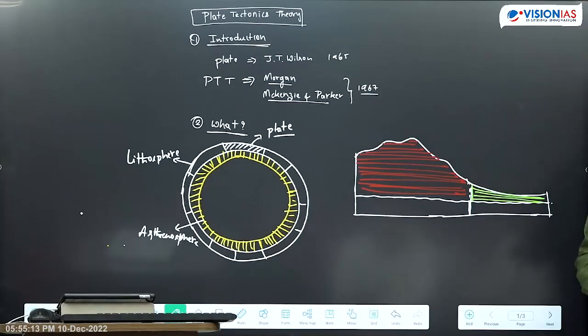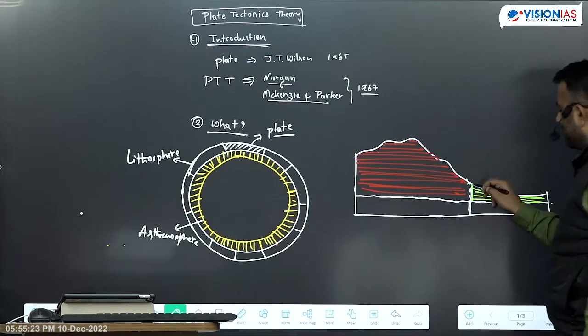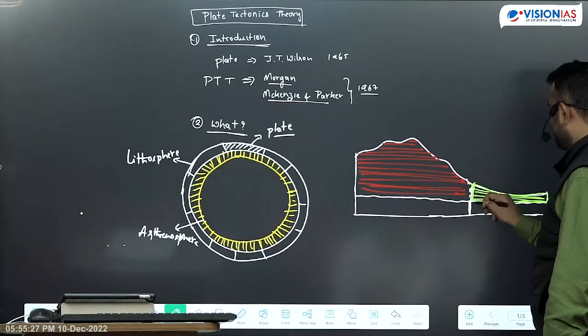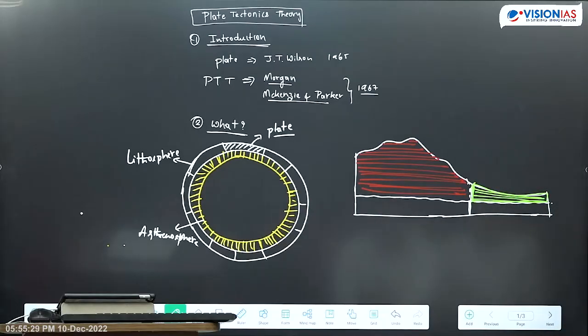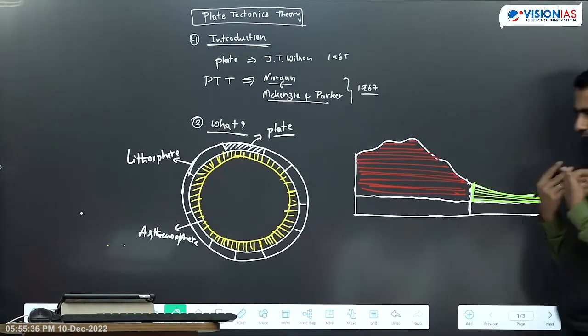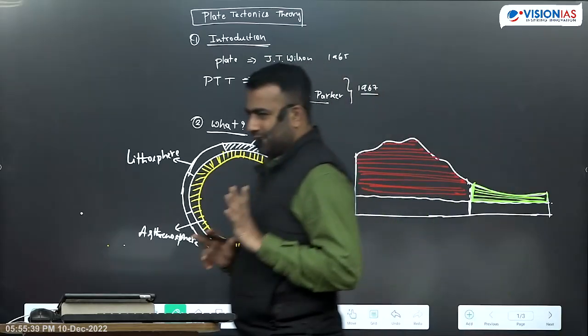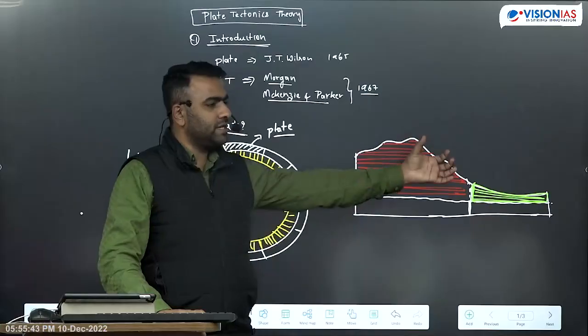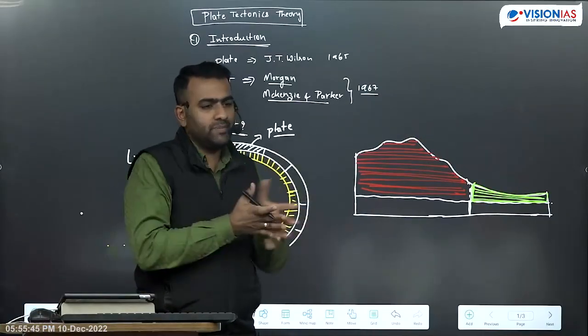It will contain continental crust on one end and oceanic crust on another end. Both are merged together as a single plate. But there is one plate which is made up of completely oceanic crust. That is the Pacific plate. I'll show the different plates. There is only one plate made up of only oceanic crust, where there is no continental crust at all. That is the Pacific plate. In all the rest of the plates, one end has continental crust and another end has oceanic crust. Together it is one single plate.